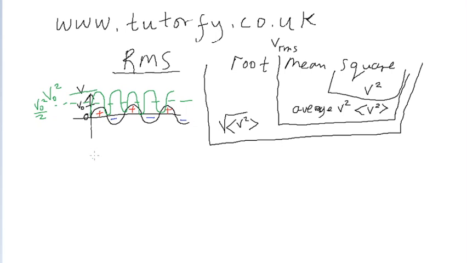So that should make sense. Therefore, we can write down here that the average of V squared is V naught squared over 2.